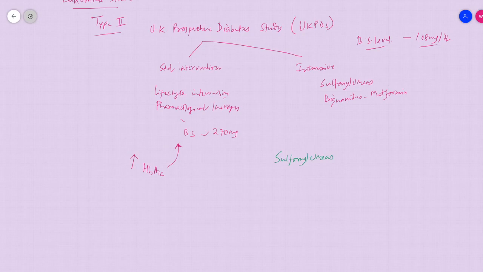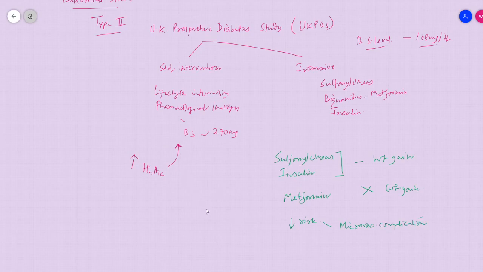Here insulin was also used; I forgot to write that down. What was observed was that sulfonylureas and insulin resulted in weight gain. Metformin did not show a weight gain. And there was reduced risk for microvascular complications.